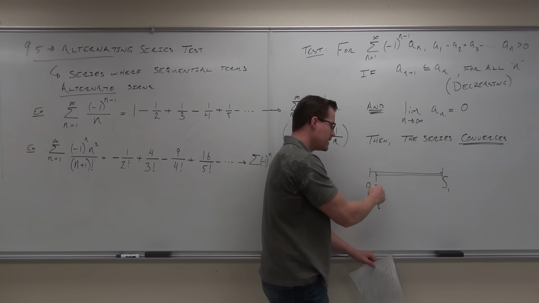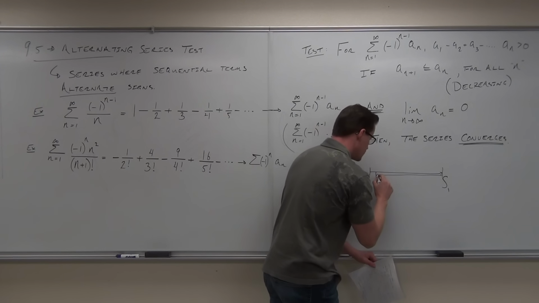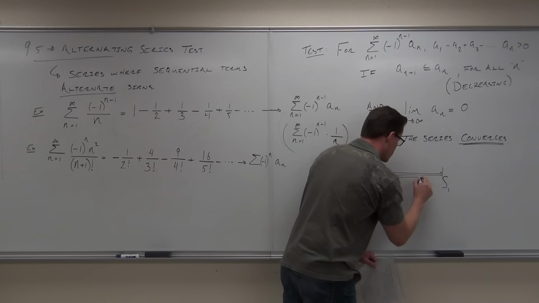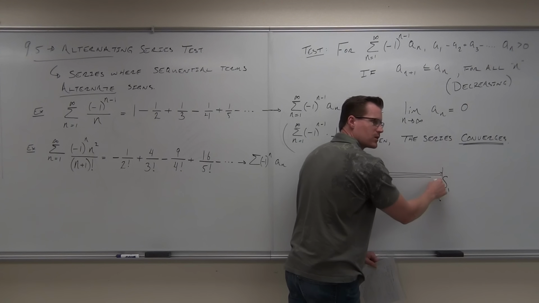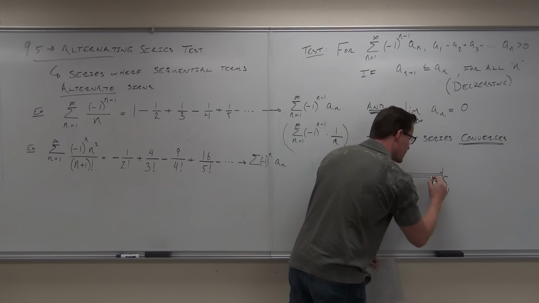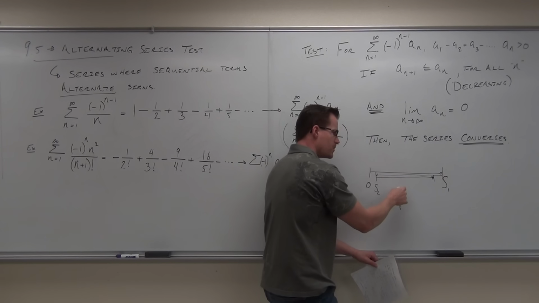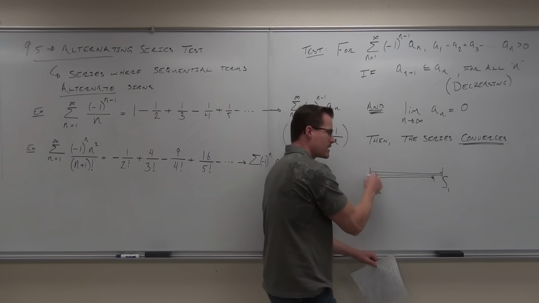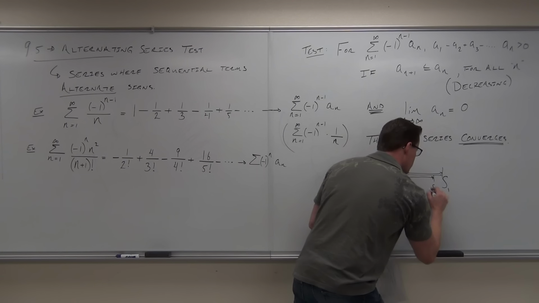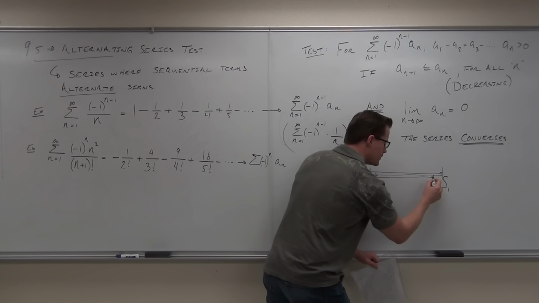True? Now, I'm going to add something. Is it going to make it all the way back over to here? No, it's got to be smaller than that because whatever I'm adding for my third term is going to be less than whatever I subtracted for my second. And we keep on going.